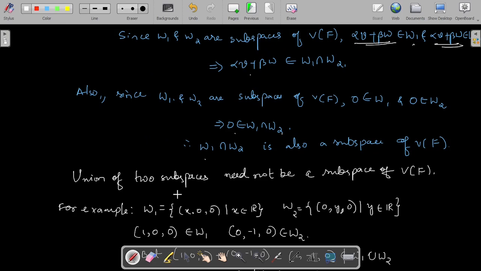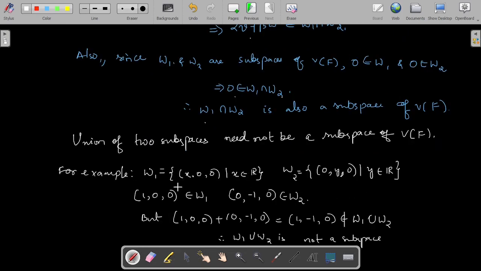Now, the union of two subspaces need not be a subspace. One example is, take the x-axis: W1 is (x, 0, 0). Take the y-axis, that is (0, y, 0). Now take one vector from W1, (1, 0, 0), and another vector from W2, that is (0, -1, 0). Any vectors you can take.